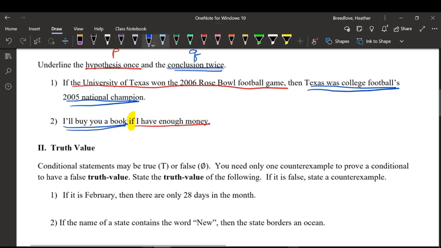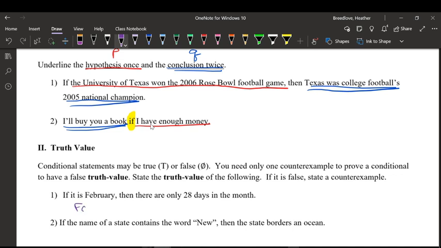Okay, so if it is February, then there are only 28 days in the month. Is this true or false? If it's false, how do you know it's false? What's a counterexample? Leap years. Exactly. Leap years have 29 days.